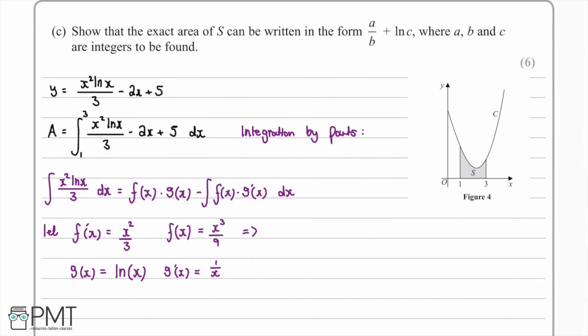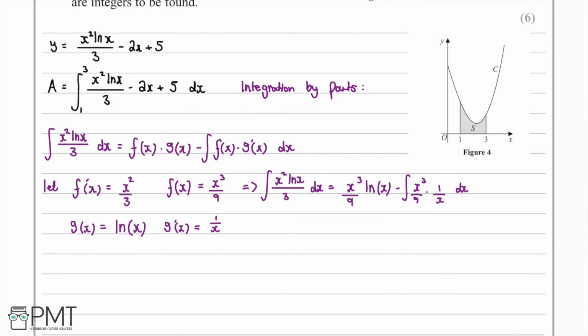So therefore, still working with the integral of x squared ln x divided by 3 with respect to x, it is going to be equal to x cubed over 9, which is our f of x term, and we're going to multiply that by g of x, which is ln of x. Then we're going to take away the integral of x cubed over 9, and we multiply that by 1 over x, with respect to x.